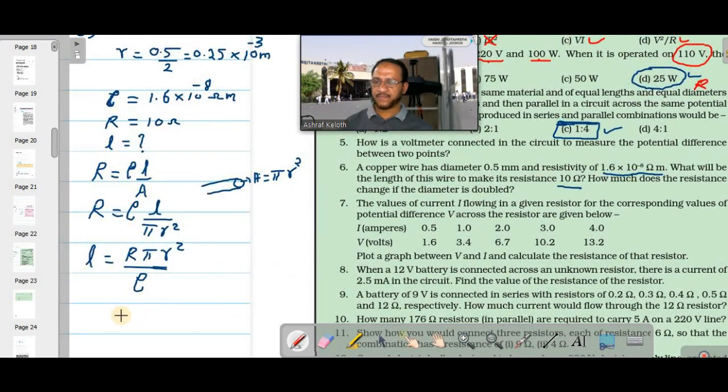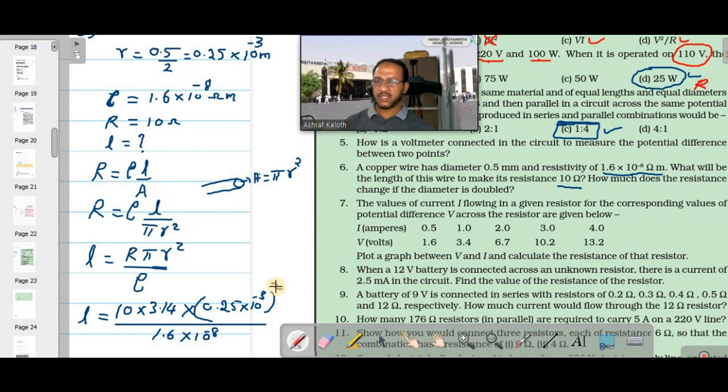Then substitute the values. R is given, resistance of the wire is 10 ohm. So we take R is 10 ohm into pi 3.14 into r square, where r is 0.25 millimeter, that is 0.25 into 10 raised to minus 3 meter, square of this, divided by resistivity, 1.6 into 10 raised to minus 8.